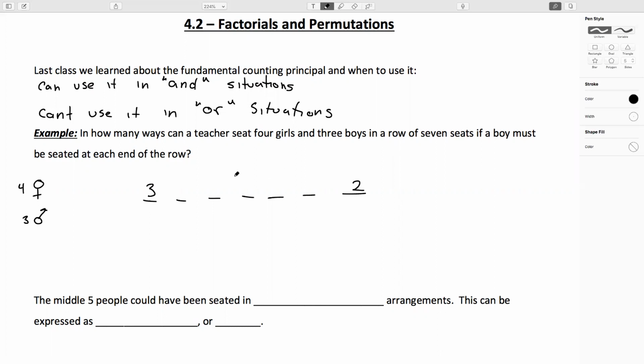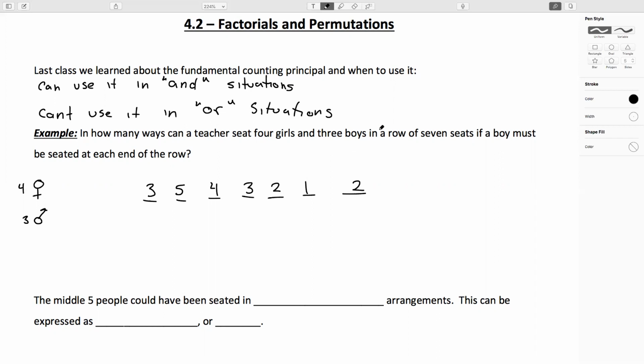So now we've got to look at our inner 5 spots. There's no rules or restrictions about those. We can fit the 1 boy and the 4 girls in any of those spots. But we've got 5 to pick from. So if we go left to right, 5 options for the first spot, 4 options for the second spot, 3 for the third, 2 for the fourth, or I guess 6th, 5th, and 1 for the 6th.